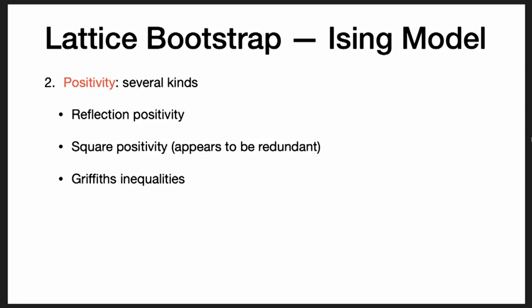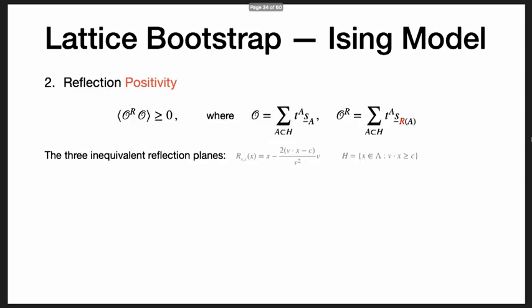That appears to be redundant, in the sense that the bounds we obtain if we impose this do not improve on the bounds we obtain from reflection positivity. So I mostly won't talk about this one. I'll talk about the not-so-trivial ones. There are also other types of positivity conditions, a lot more sophisticated, that mathematicians have studied over the years, which I'll briefly describe as well. Okay, so let's start with the first one, reflection positivity.